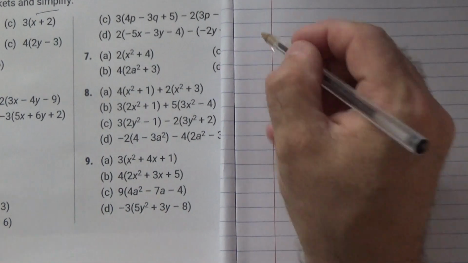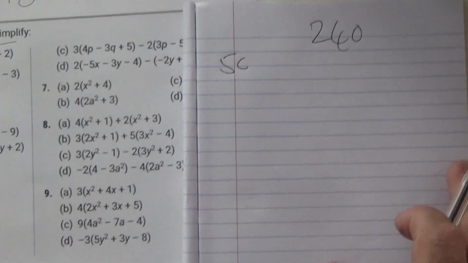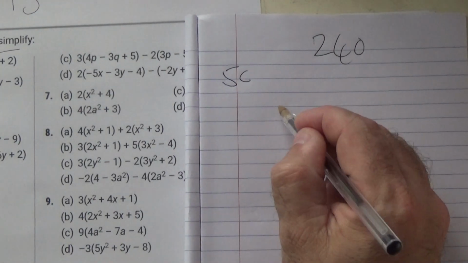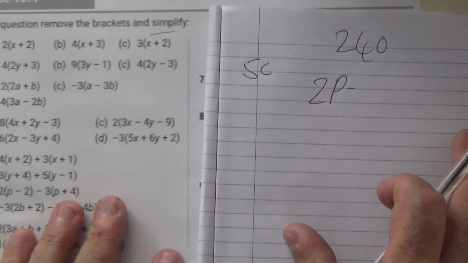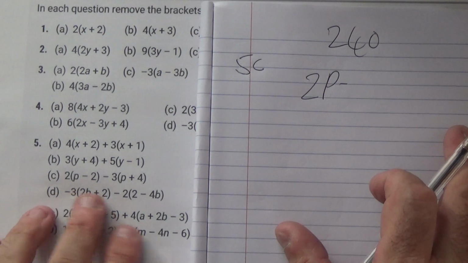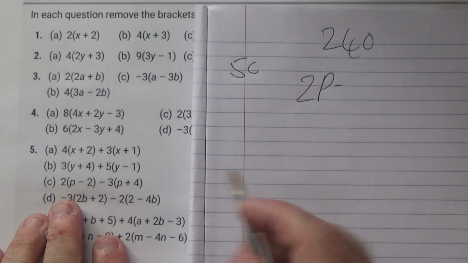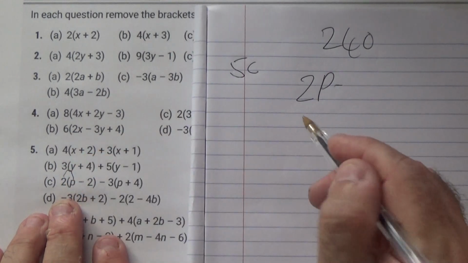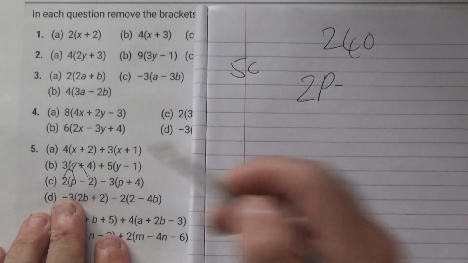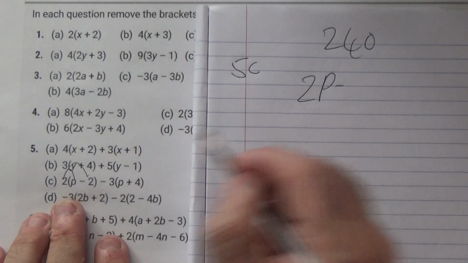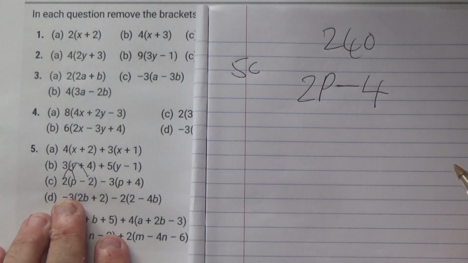Okay, so now we're going to 5c, all on page 240. 2 times p, let me push it into screen, can you see there? Okay, 2 times p minus 2 minus 3 times p plus 4. So at this stage, 2 times p is 2p, and 2 times minus 2 is minus 4.